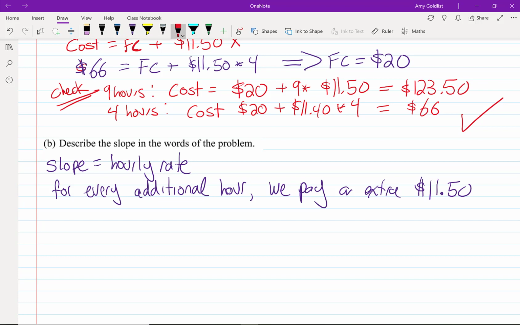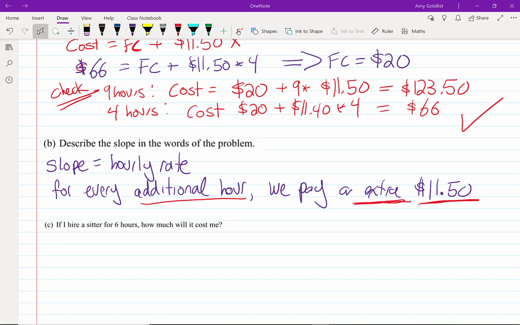Notice that I used the following: the actual slope, the word additional hour, and what's going on. We're paying an extra $11.50. We're paying that flat rate plus what we paid before, and every additional hour costs us $11.50 extra.